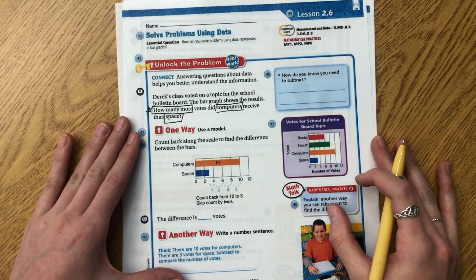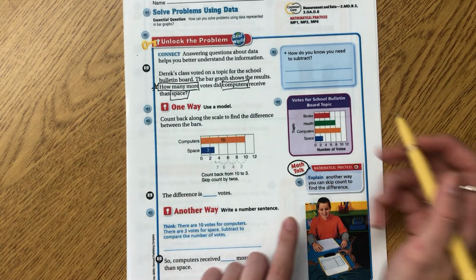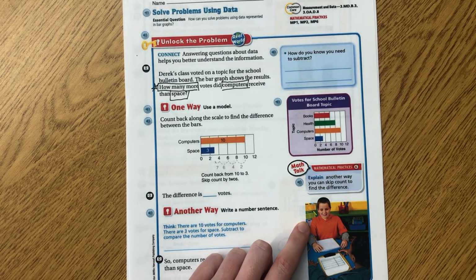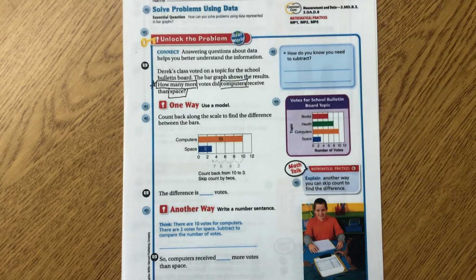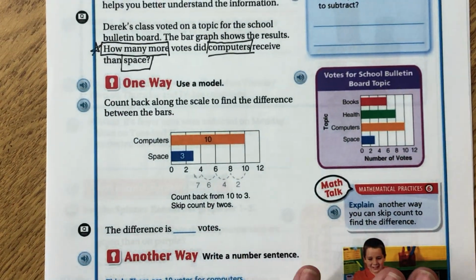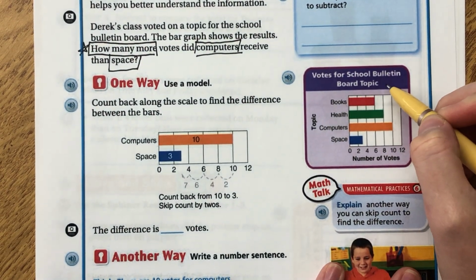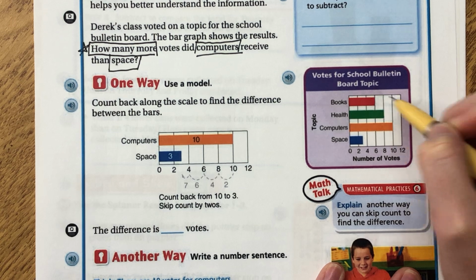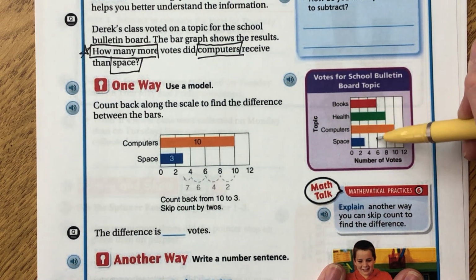All right, so one way that we can use data to solve problems is we can use the model that they give us. Now, whenever we see a graph, I always tell you that I want you to total up the numbers that you're seeing. So if we look at the votes for the school bulletin board topic, the number of books we're going to write next to it ends at this line right here.